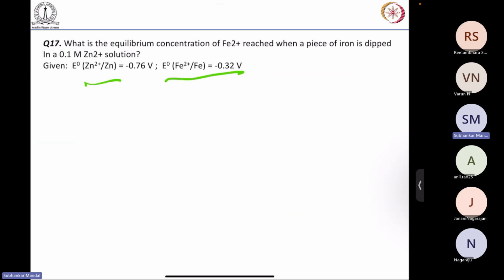You have the 0.1 molar zinc solution, and you dip a piece of iron in it. Then they are asking what happens when it reaches equilibrium, so what is the concentration of Fe2+? How can you calculate this?